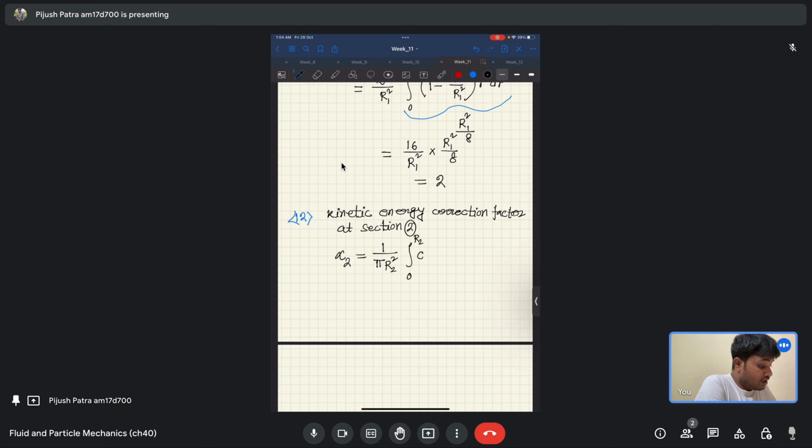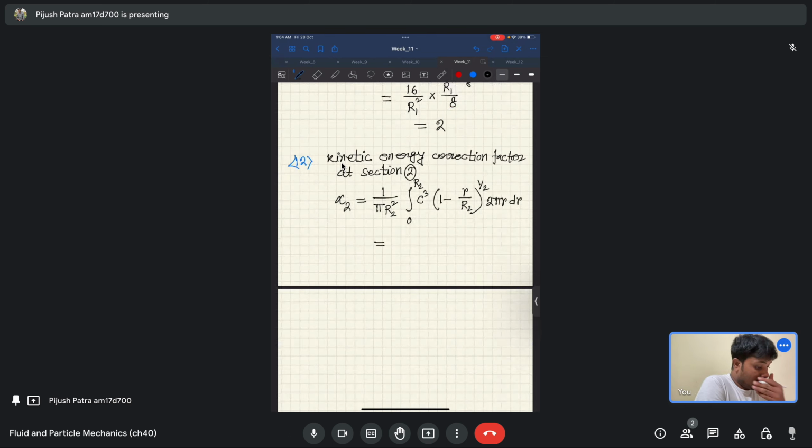You will have c cube, that is relating the maximum velocity and the average velocity, into 1 minus small r by capital R2 the whole raised to half. I think it will be half, okay, into 2 pi r dr. So what is coming here?